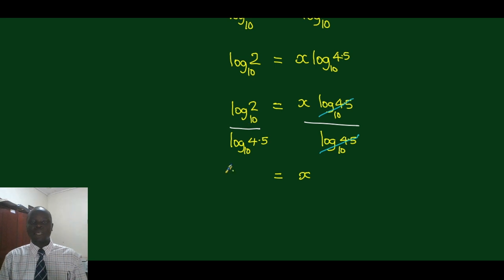Then from the left hand side we can get the logarithms of these two numbers. The numerator to 4 decimal places is 0.3010 over the denominator, also to 4 decimal places, 0.6532. Then we can swap this around and have x this side. So if we divide this, let's use our calculator.